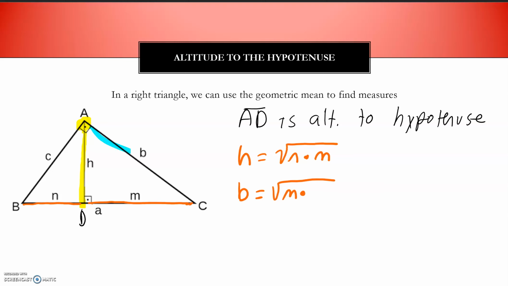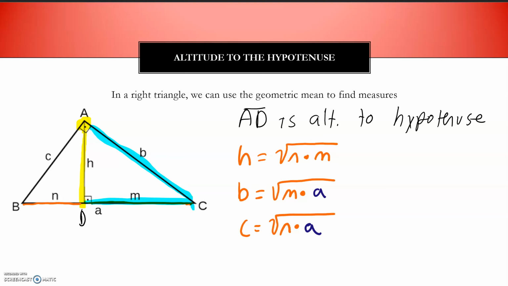So if I have B, if I have this leg, the part that's adjacent to B would be M, and then the whole hypotenuse, which they're calling A, little a. Okay? And then I can say the same for the other leg. So C is equal to the geometric mean between N and the whole hypotenuse A. Right? And those are just formulas.